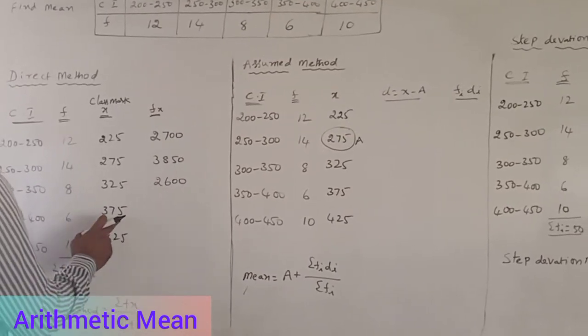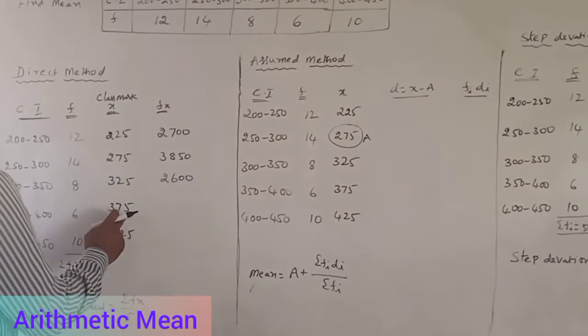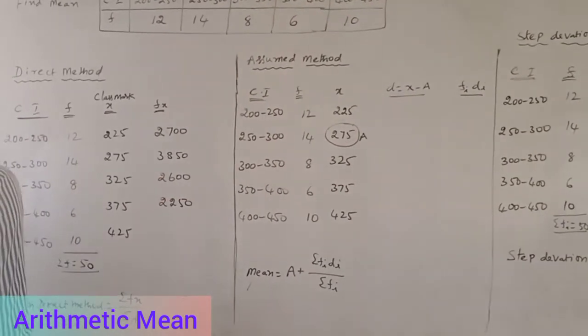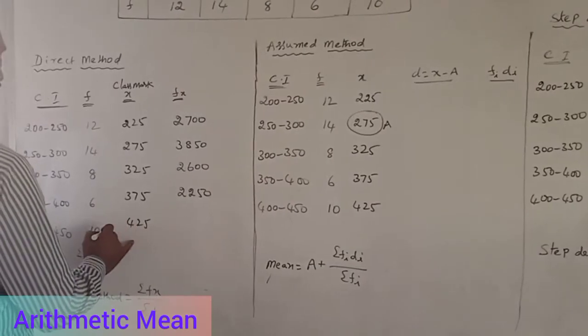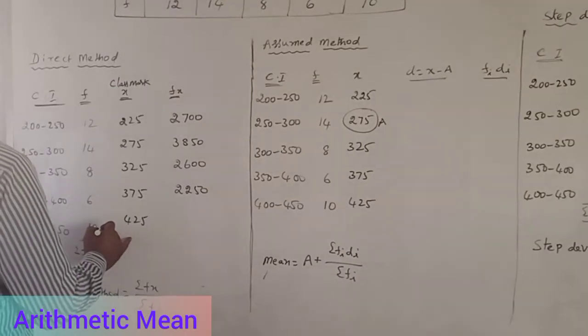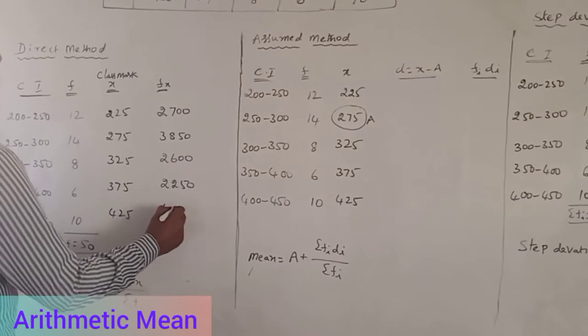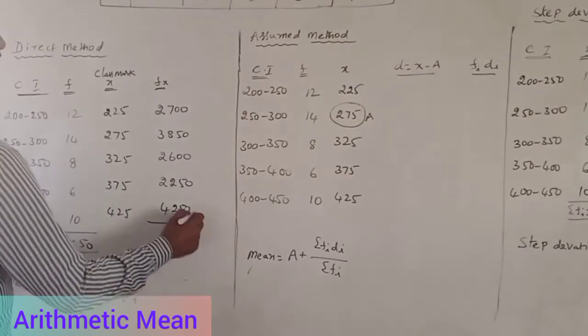And 6 into 375 is equal to 2250. And 10 into 425 is 4250.